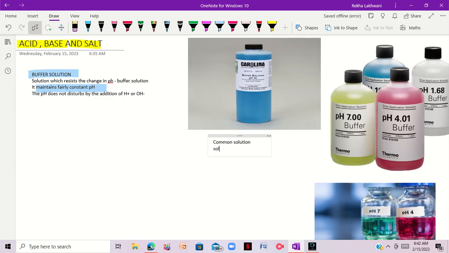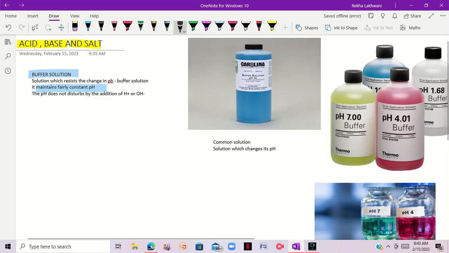A solution which changes its pH is known as a common solution. Now we have basically two types of common solution. I guess you are quite familiar with this too.